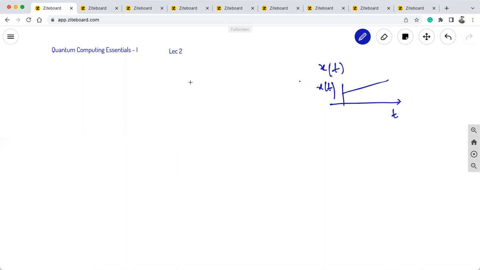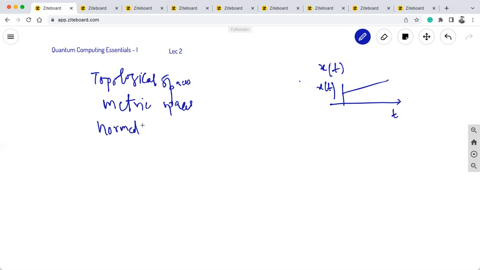So there are several spaces: the topological spaces, the metric spaces, the normed linear spaces, and Banach space.